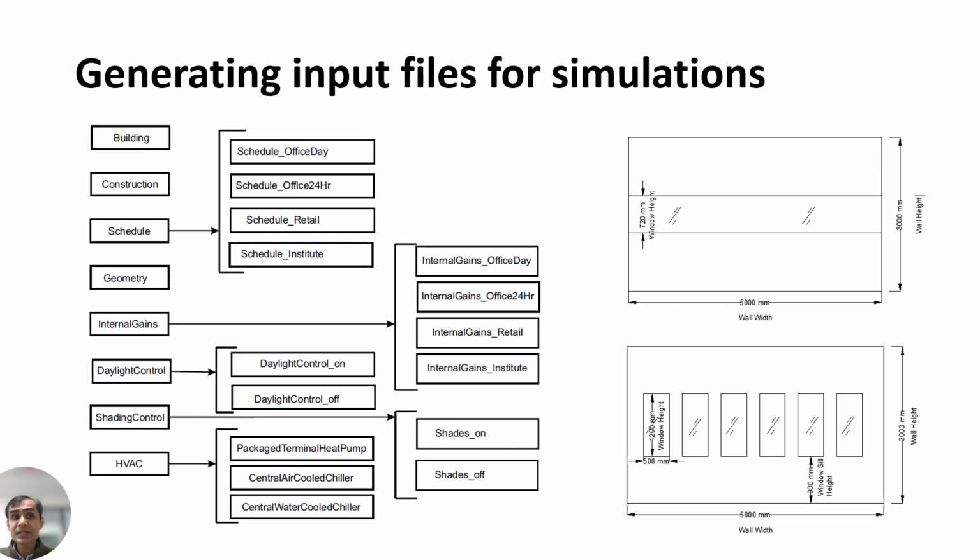Here are the main sections of these input files: building, construction related, the schedules, the geometry, internal gains, daylight controls, shading controls, and heating, ventilation, and air conditioning system. So if the user selects their building type as office, then schedules, internal gains, and related parameters for a default office are automatically selected. And the user can have regular windows or strip horizontal windows.